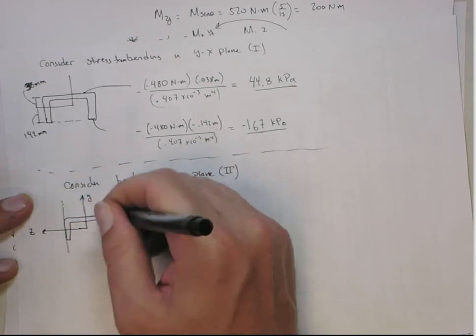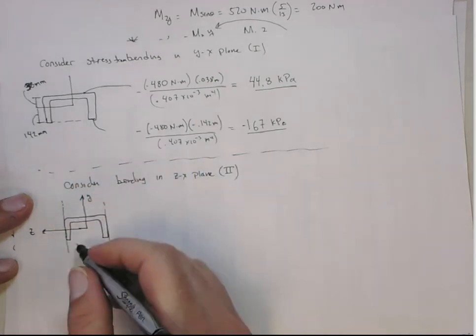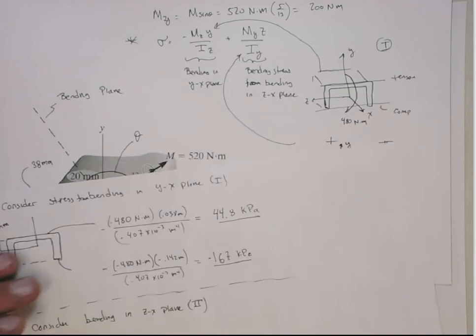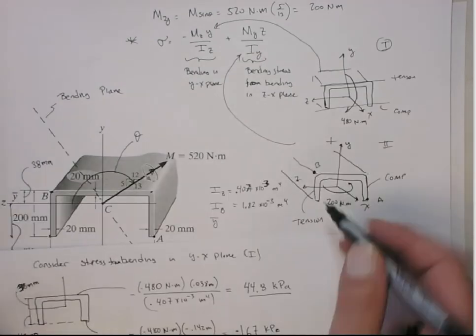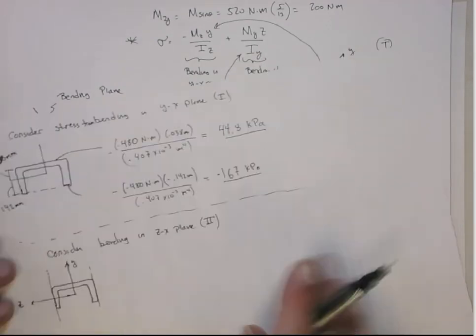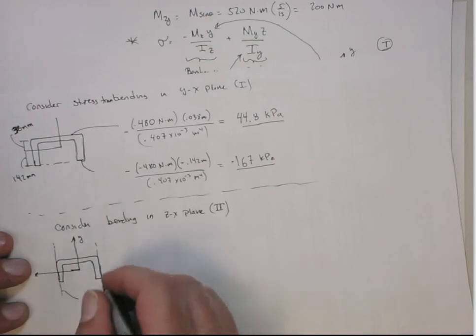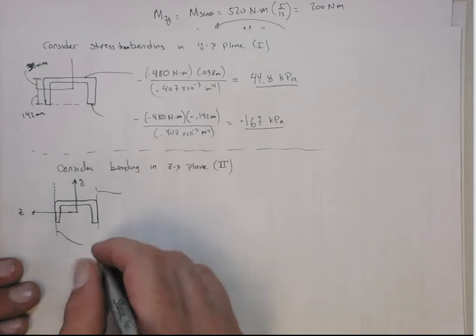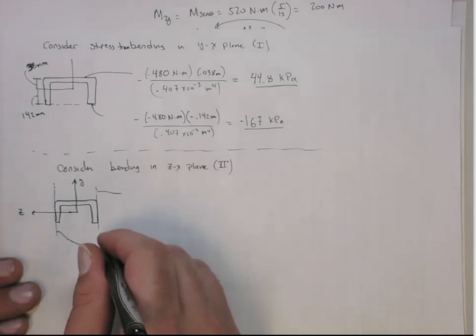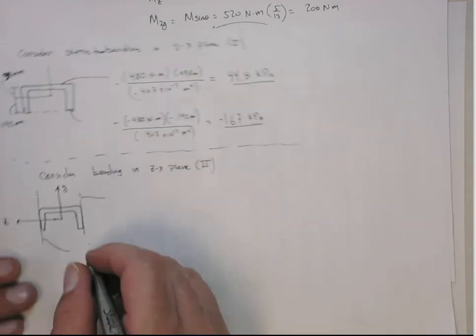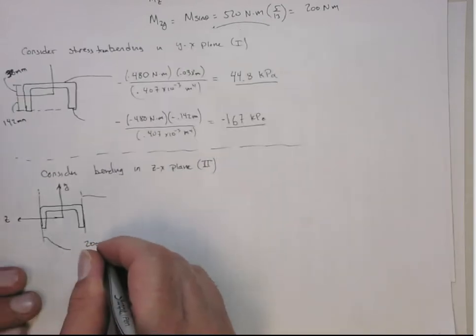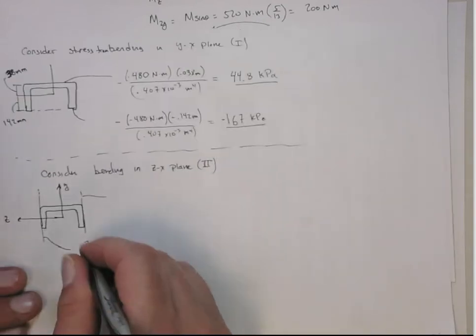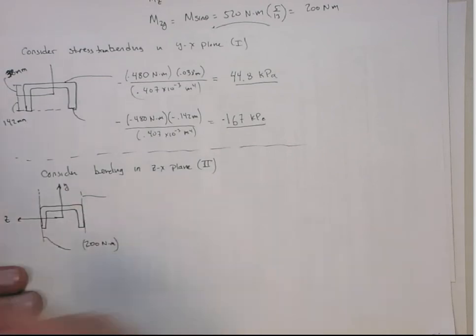such that this side's going to be a tension side, and this side will be in compression. So if we wanted to get the stress here, that's going to be that moment, M, which is 200, that's the component of M around the y-axis.